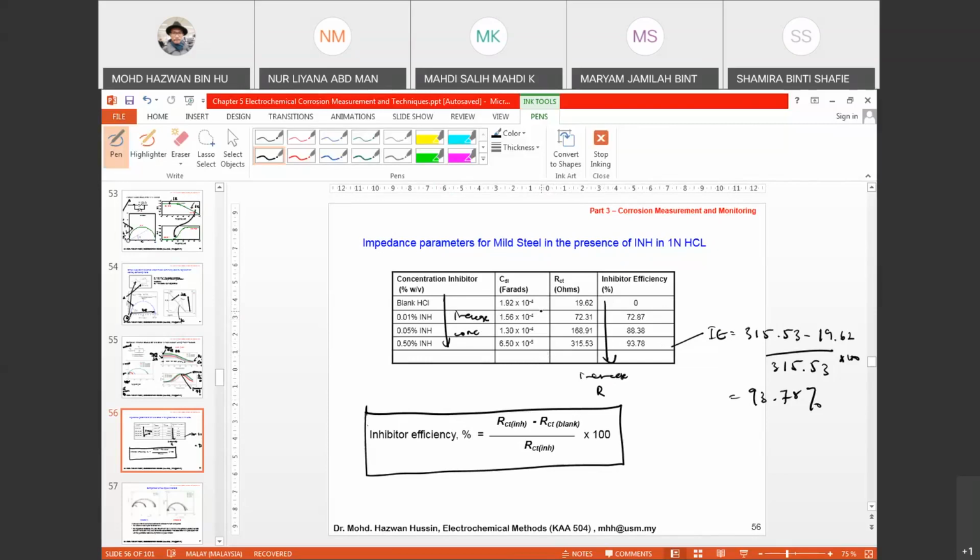If you increase the inhibitors and the resistance is getting higher, then the capacitance should show a decreasing trend. You see that this is showing a decreasing trend, not an increasing trend. All right. Is it okay to everyone?